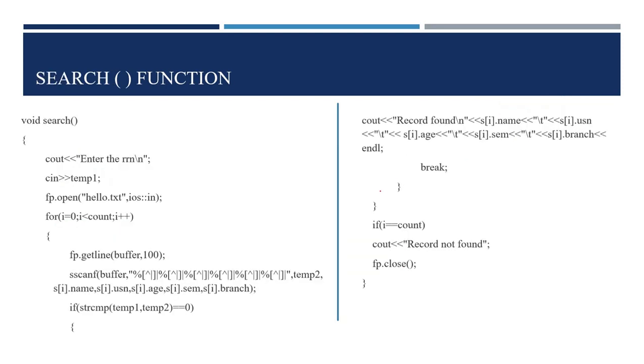Then we need to search for a given element based on the RRN value in the stored input file, that is hello.txt. Already we have the file, so for that we need to read the element RRN, that is the relative reference number of a particular entity or record.